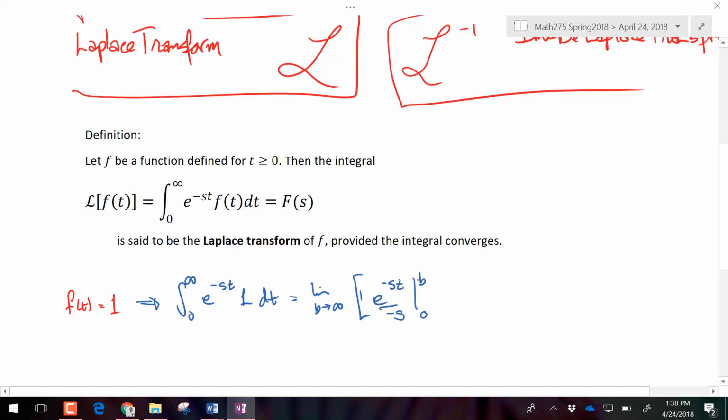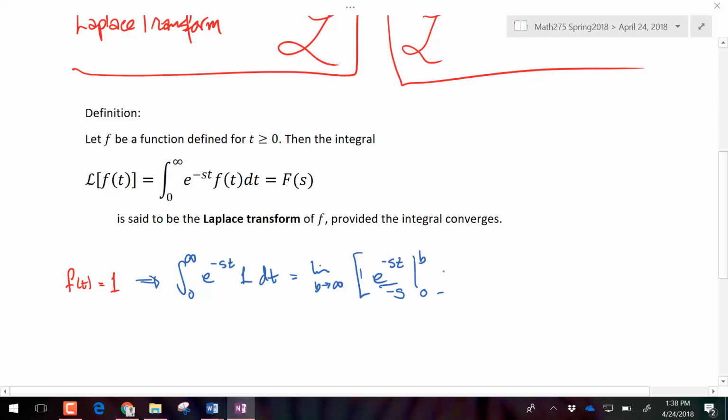And then at infinity is that limit, so we'll just call it b. And then we have the limit as b approaches infinity. We'll put b in there, so it's a negative e to the negative sb. Remember, the t is your variable, if you want to put t equals 0 there.